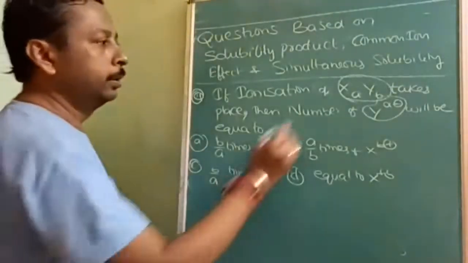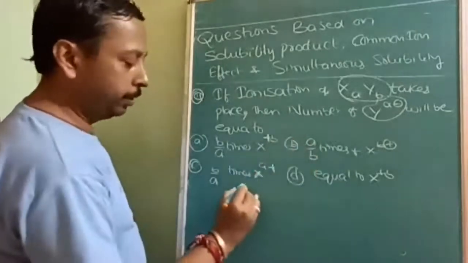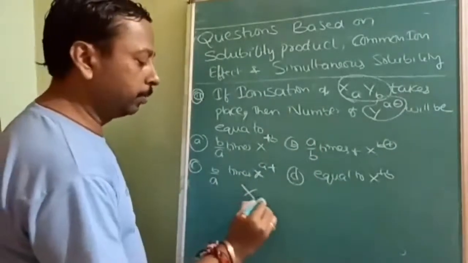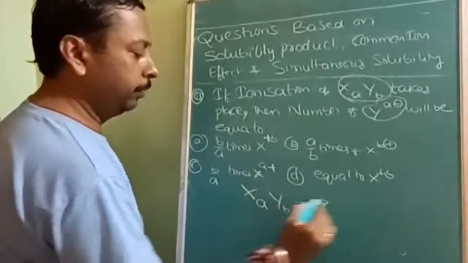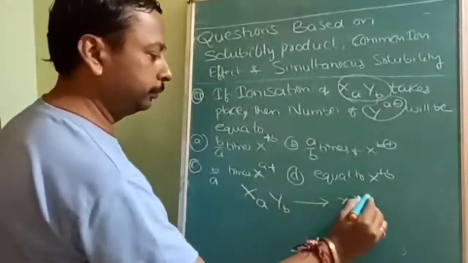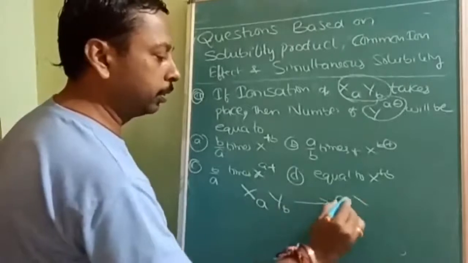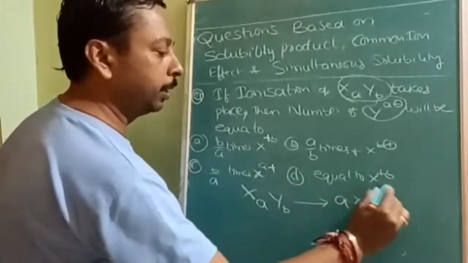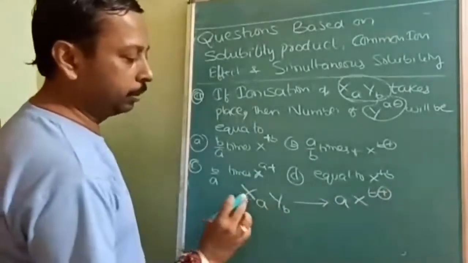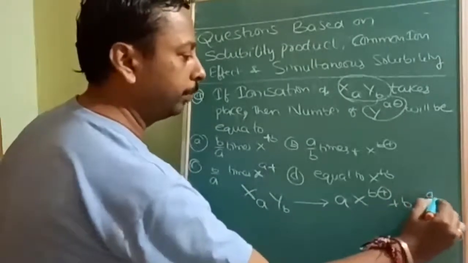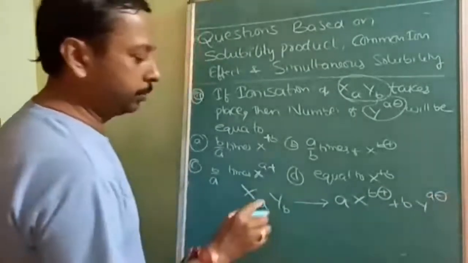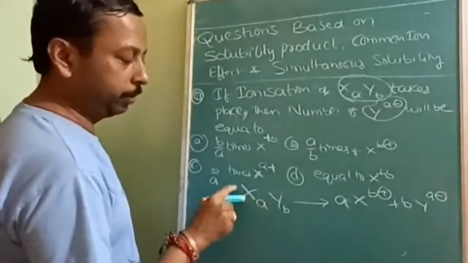See here, XaYb, the very basic formula derivation step will give you a moles of Xb plus, b moles of Ya minus. Is it understood?